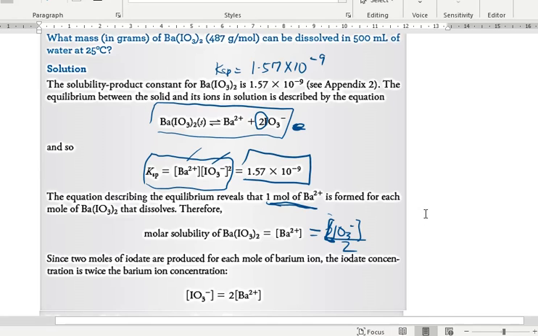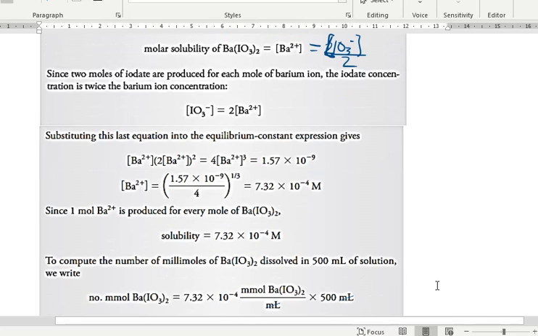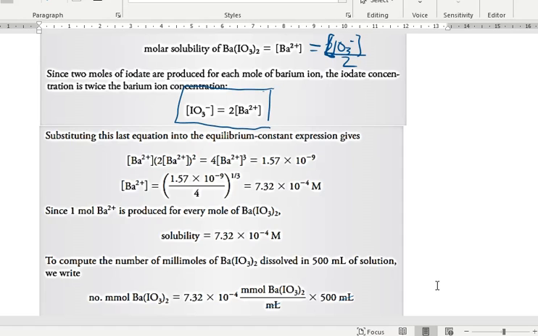Okay? So, substituting this equation into the equilibrium constant expression, since we have that relationship, we can substitute iodate for barium or barium for iodate, right? And we know that Ksp is equal to barium 2+ times IO3 raised to the power of 2, right?